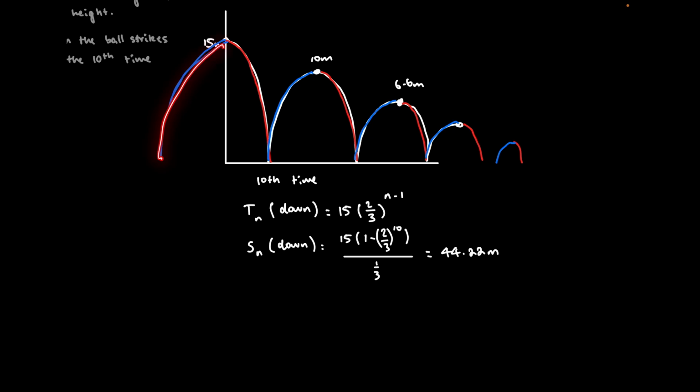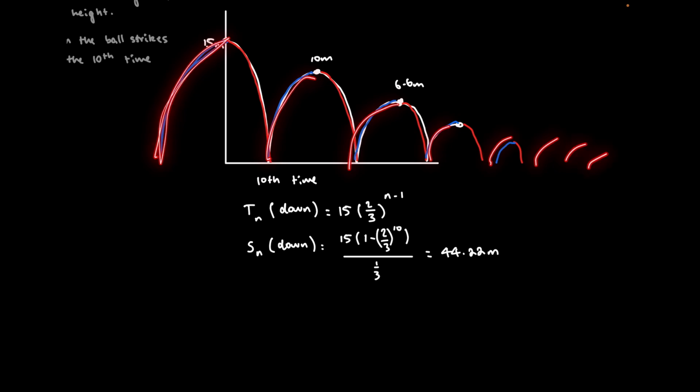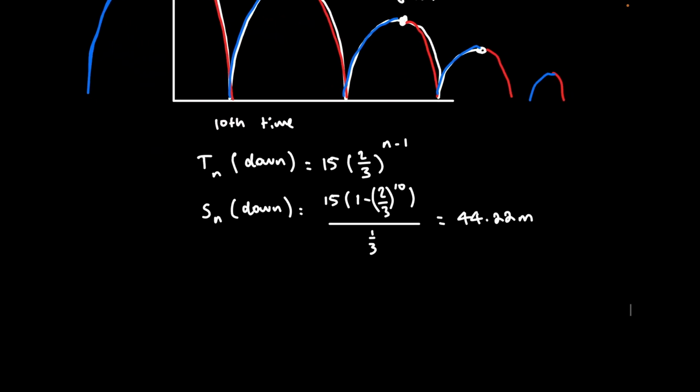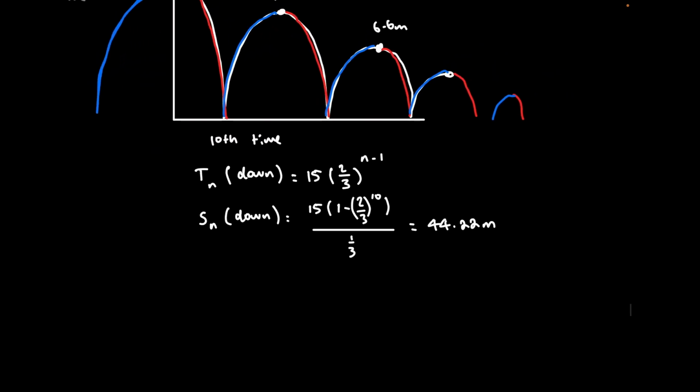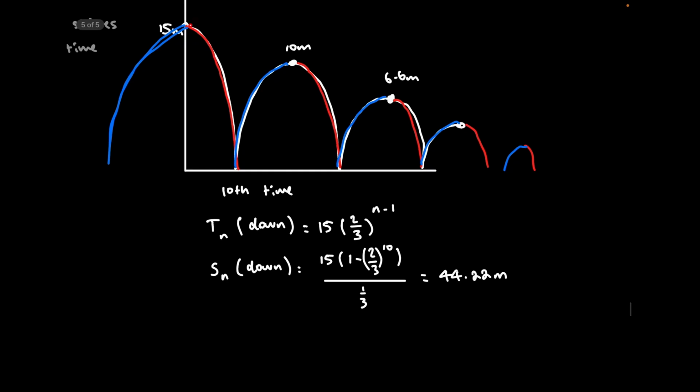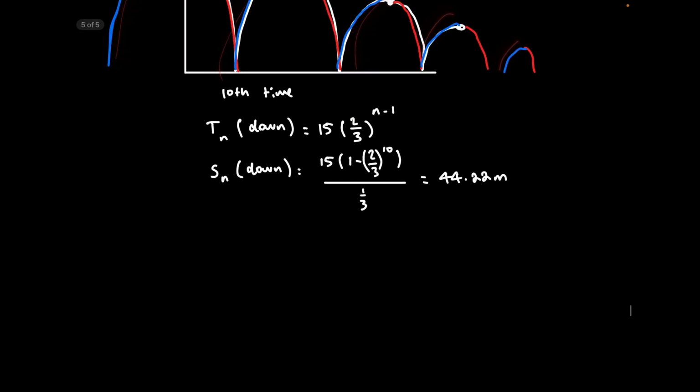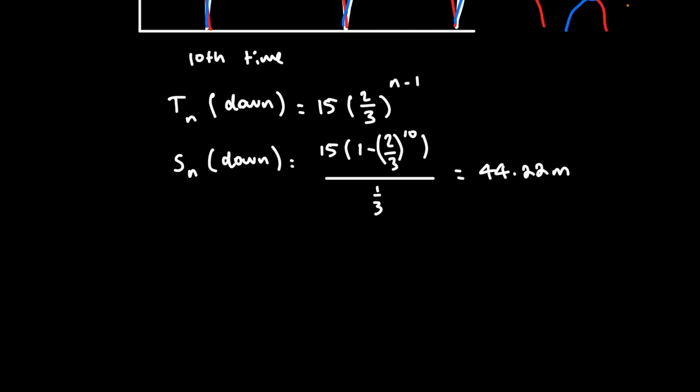So let's suppose the upstrokes start at 15 meters and keep decreasing by 2/3 each bounce. We know that the total distance traveled by the red for 10 bounces must equal the total distance traveled by the blue for 10 bounces, so we don't even need to work it out. We can just say that the sum of the first 10 upstrokes is also going to equal 44.22 meters.